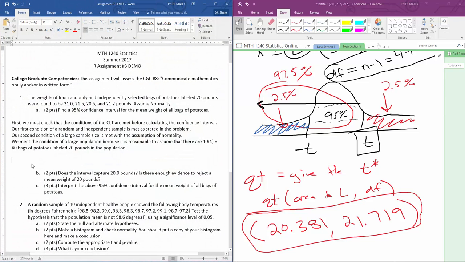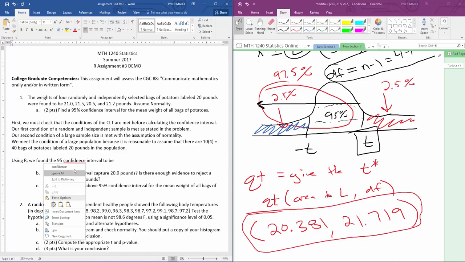Right, so we check the conditions, and now I found the 95% confidence interval. So I could say, using R, we found the 95% confidence interval to be 20.381, 21.719.